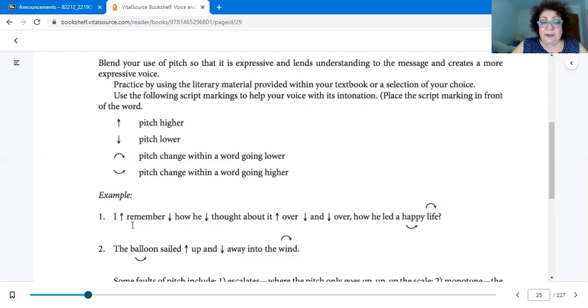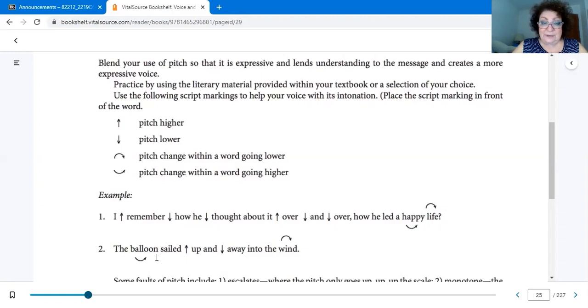So right here, I have raised on remember. So I'll just test it out, remember, and then I'm going to go back down, how, and then even lower, thought, how, thought. Okay, up on over and over. Okay, so here we go. I remember how he thought about it over and over, how he led a happy life.